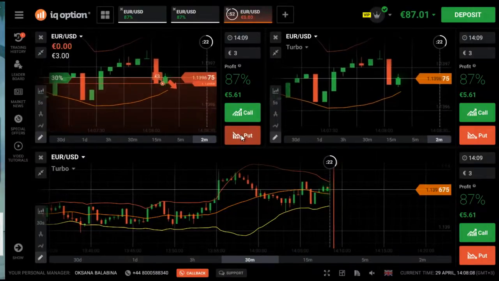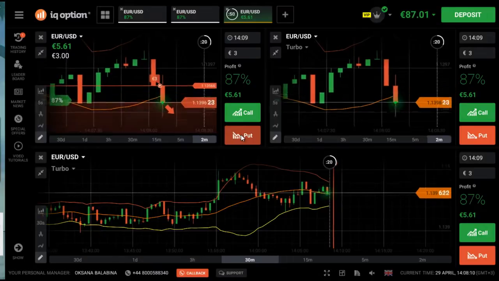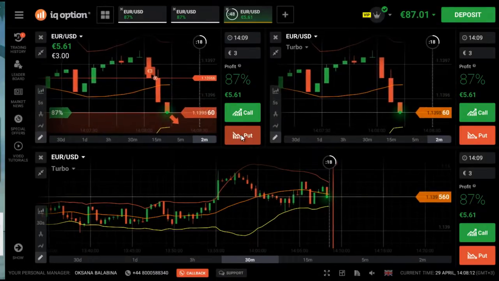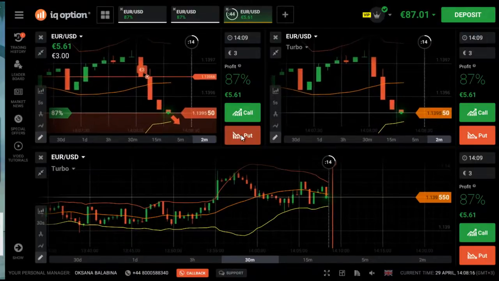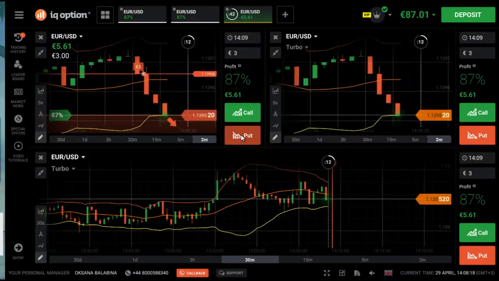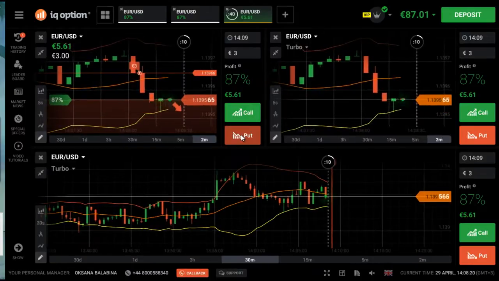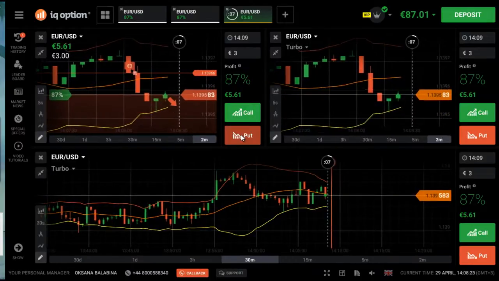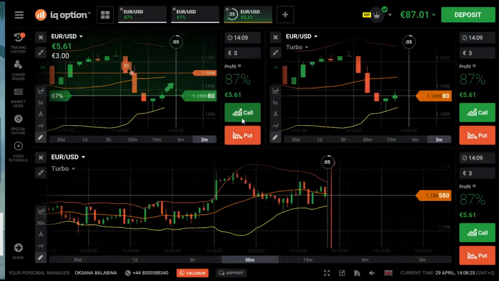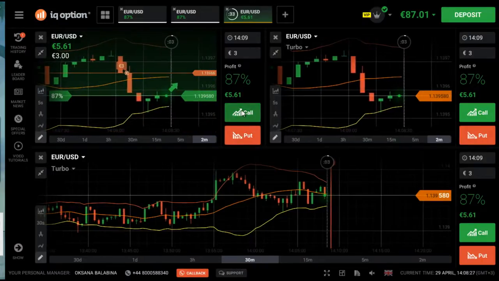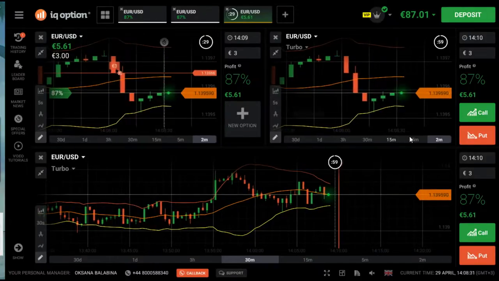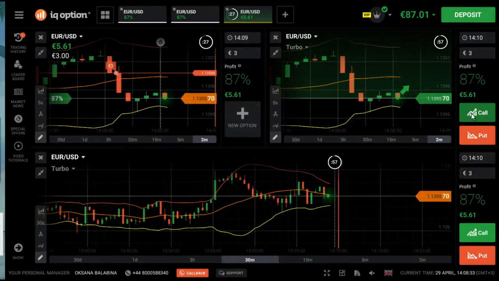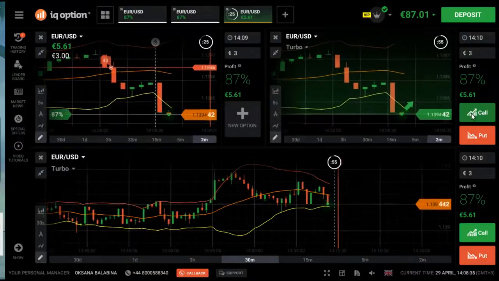And this is a reversal from the top. Now it reached the bottom, so it may gonna reverse back upwards again.